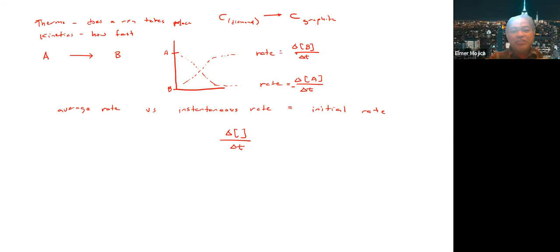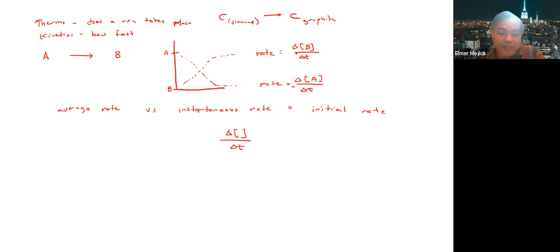Now, if I'm going to make it into the instantaneous rate, during the trip, going out of New York, the instantaneous rate is very slow kasi traffic. But once you get out, you go to New Jersey, you run faster. So your rate is higher. At a certain instant, the speed of the car is not the same at different places.